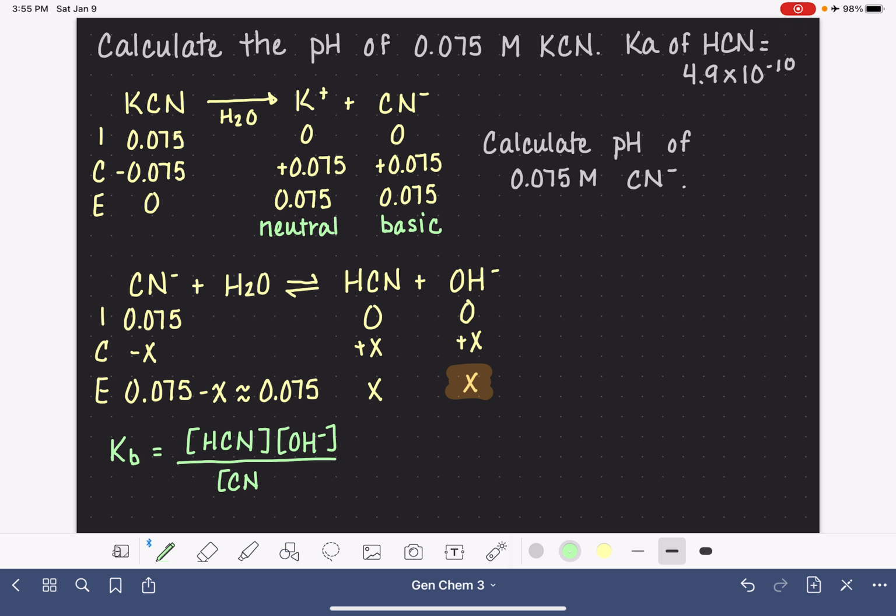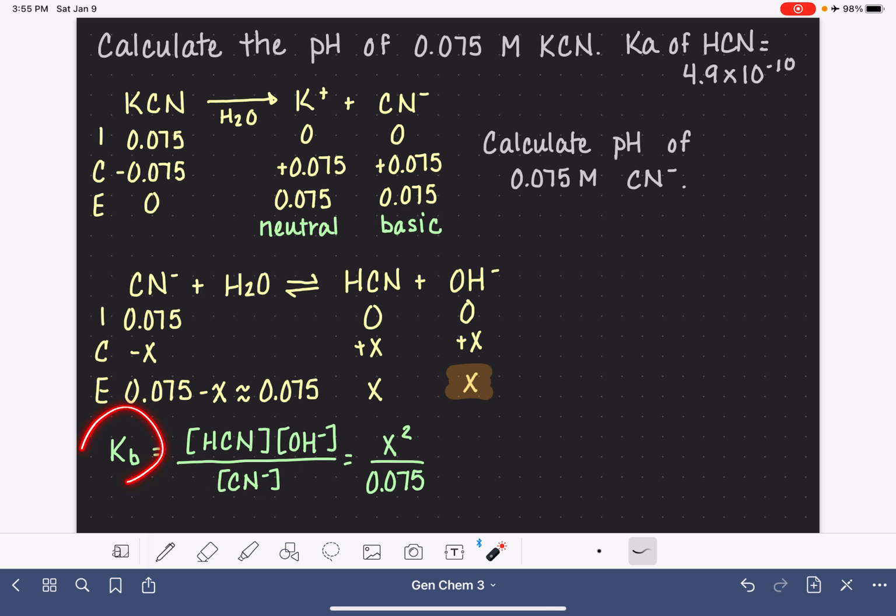Remember, we leave water out because it's a pure liquid. And we can plug in X and X for the HCN and for the OH minus, so that gives us X squared over 0.075 as our cyanide value.